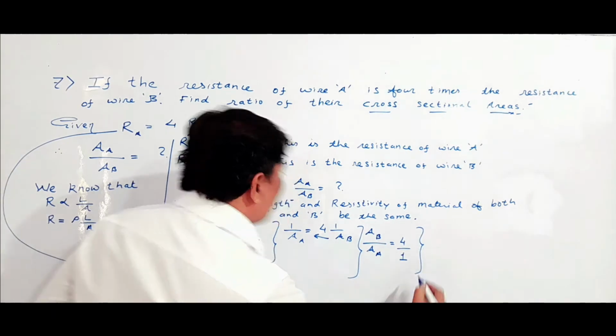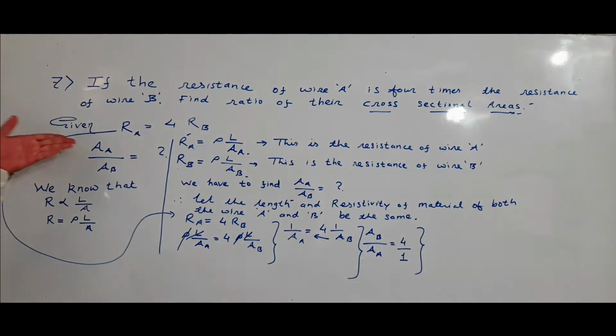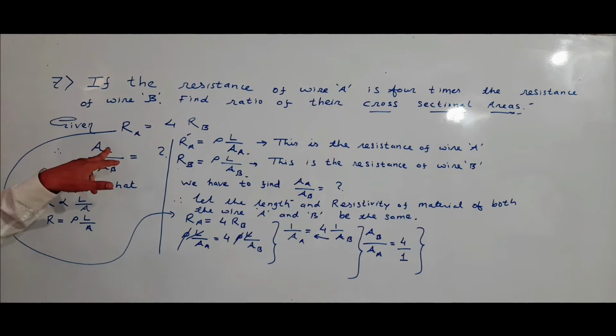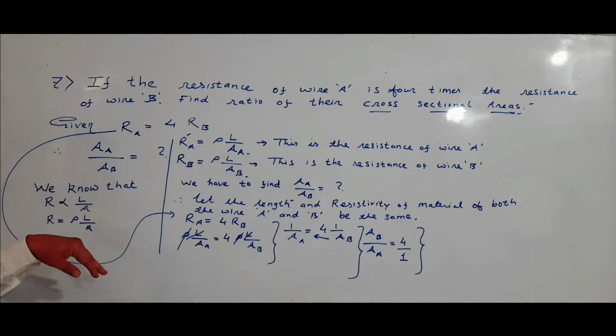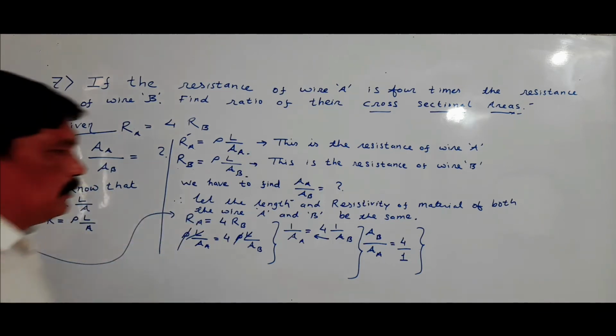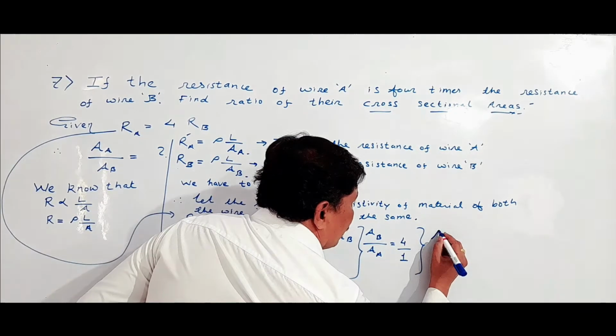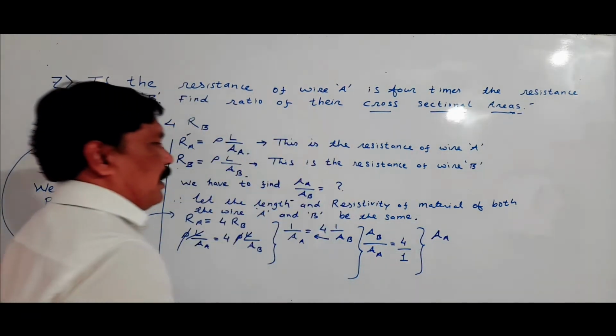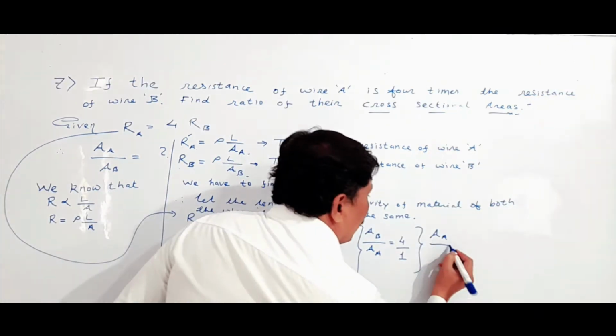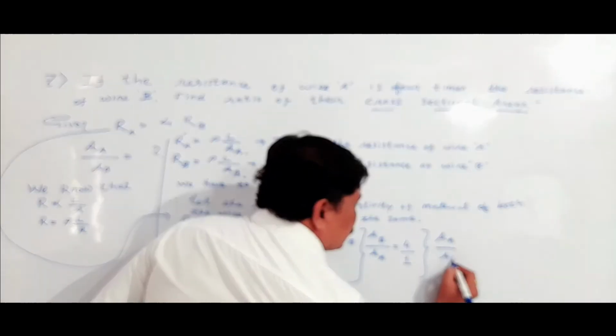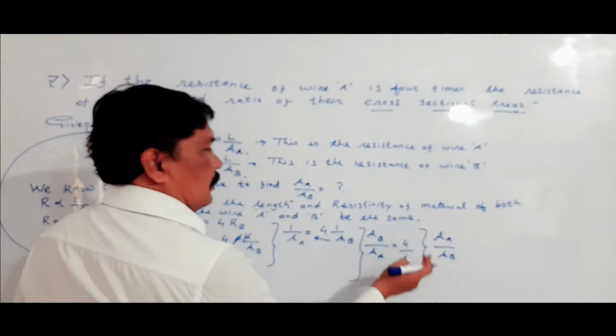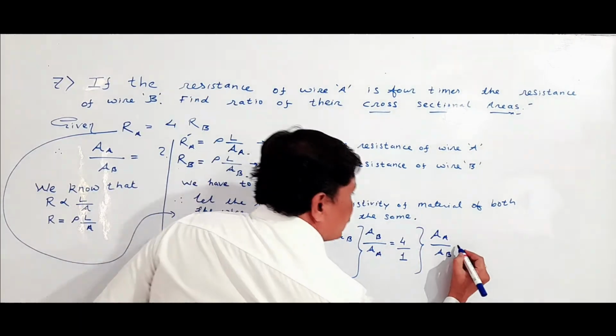We have to find the ratio of area of cross section of wire A upon area of cross section of wire B, so we change it into 1/4.